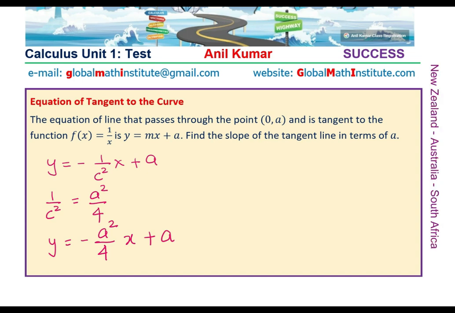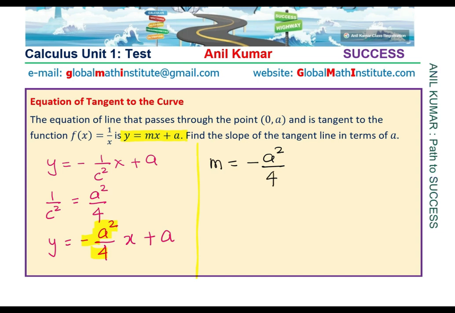From here, if you compare it with the line y equals mx plus a, the slope m is equal to minus a squared over 4. Makes sense? So that is how you can get your equation and relate it to the slope.